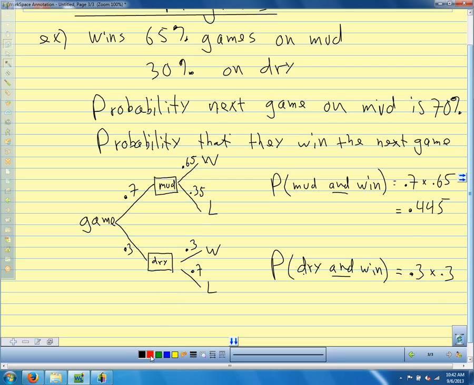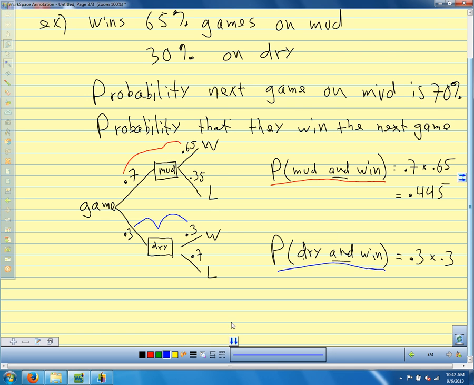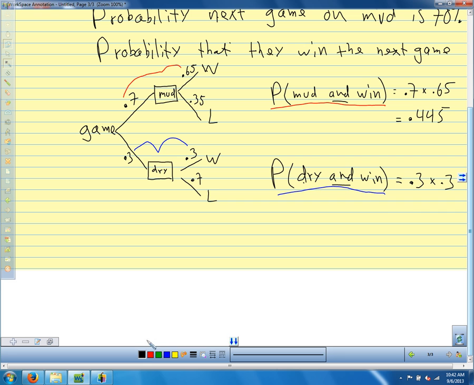So I'm going here and here for this one, and I'm going here and then here for this one. So when I multiply this out, I get 0.09.